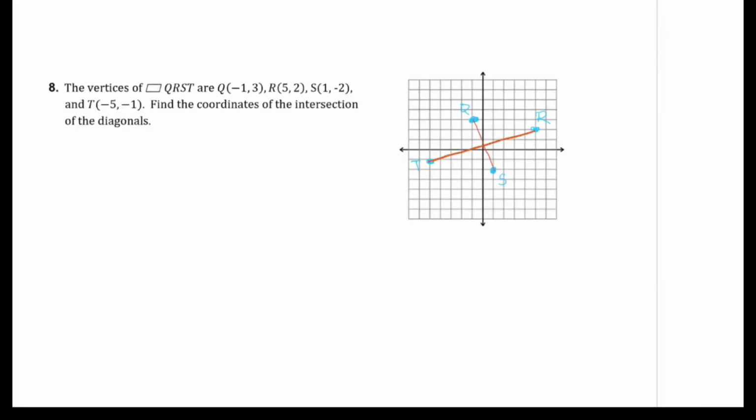Now, when I cross these, you can't really tell where it is. So I'm just going to use the midpoint formula to get a perfect point. Remember, to find the midpoint of two points, we average the x's and average the y's: x1 plus x2 over 2, and y1 plus y2 over 2.